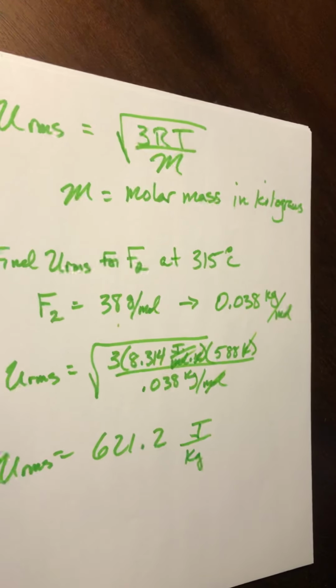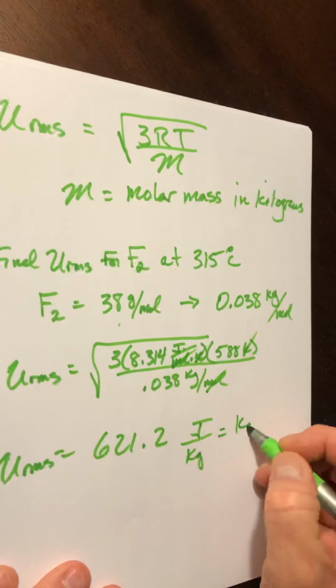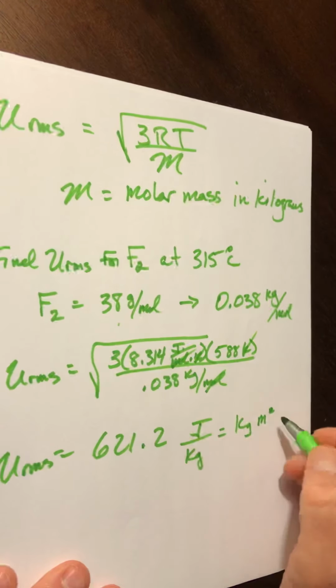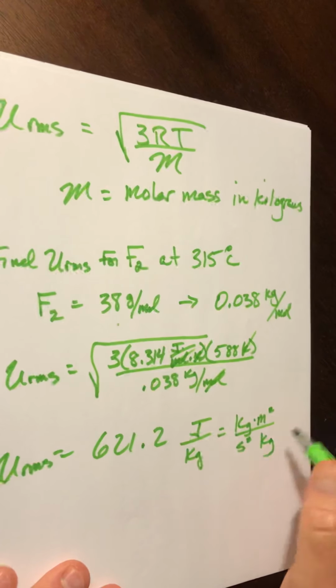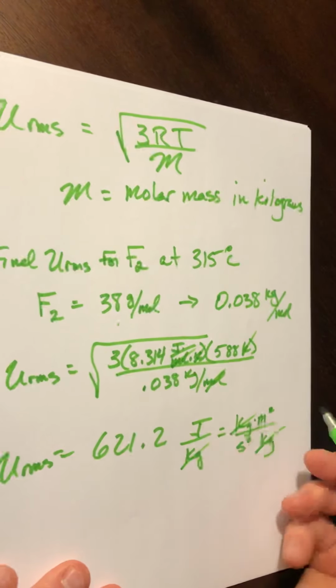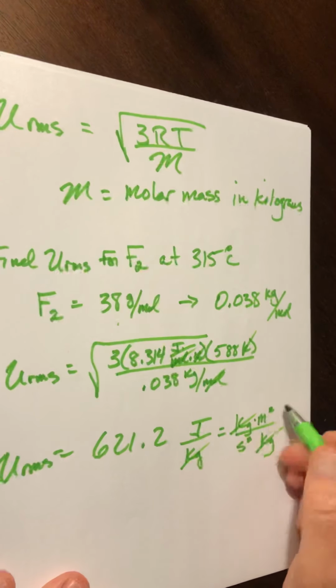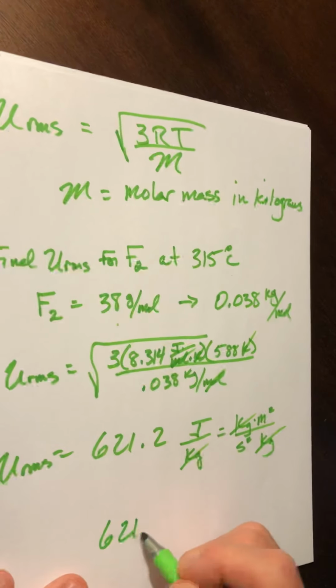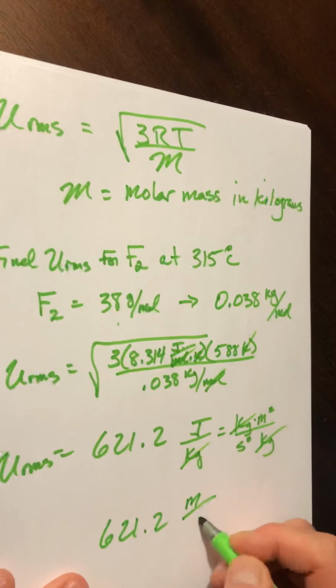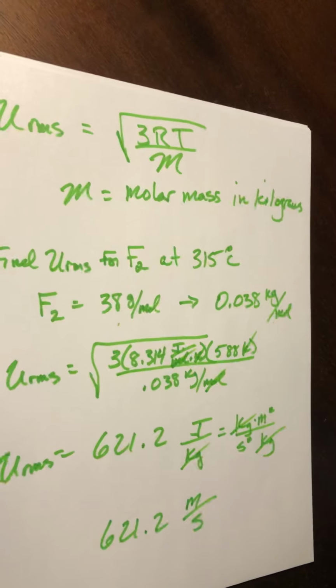But if we look at joules again, we realize that's kilograms meters squared over seconds squared. And then there's a kilogram on the bottom from here. So those kilograms would cancel out. And we're left with meters squared per second squared under the radical, which then just gives us 621.2 meters per second. And that's clearly a velocity value. And that's pretty much how you do them.